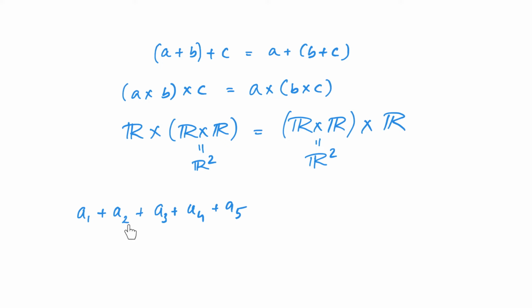Or first add a2 and a3, then add a4 to it, then add a1 to it, and then add a5 to it, and so on. So the order in which you carry out these operations does not matter. And we are saying that something similar holds true even for the Cartesian product. So in some sense, this is some form of associativity that we have.